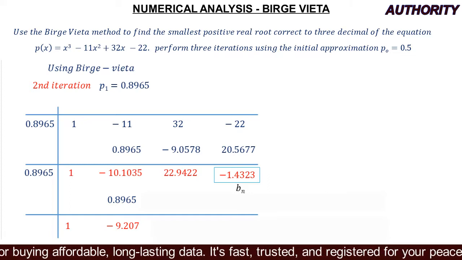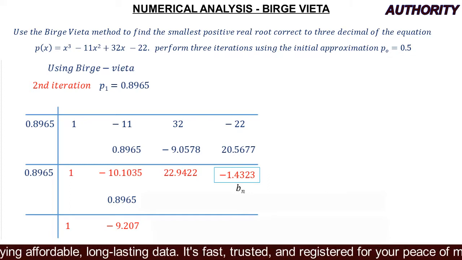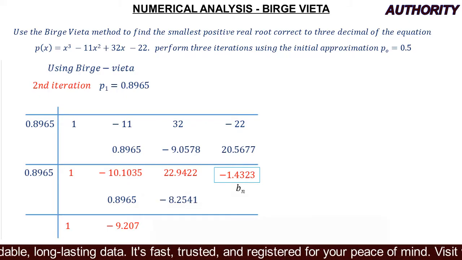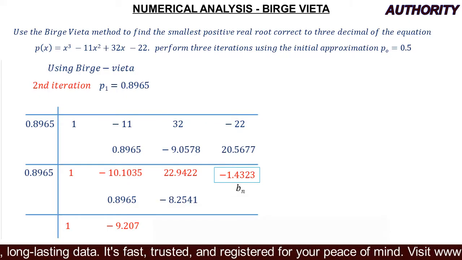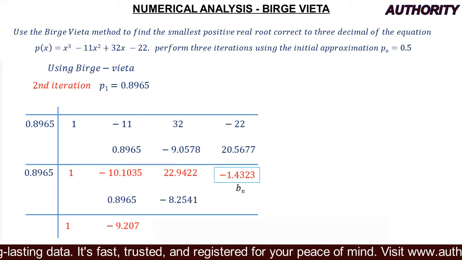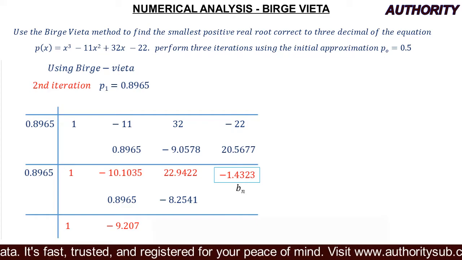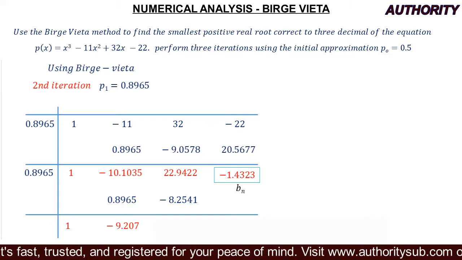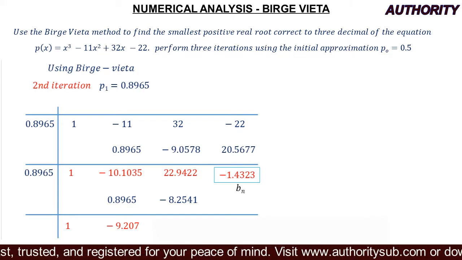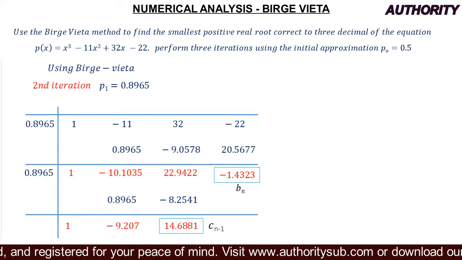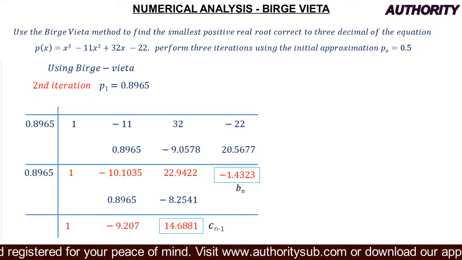This minus 9.207 multiplied by P1 gives you minus 8.2541. Then we add together: 22.9422 plus minus 8.2541 gives you 14.6881.